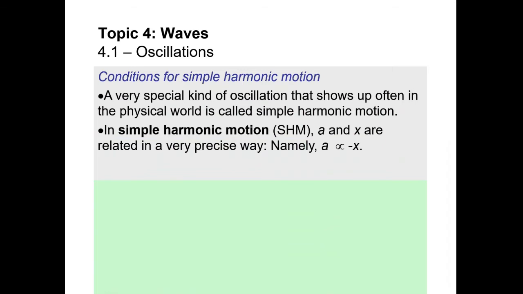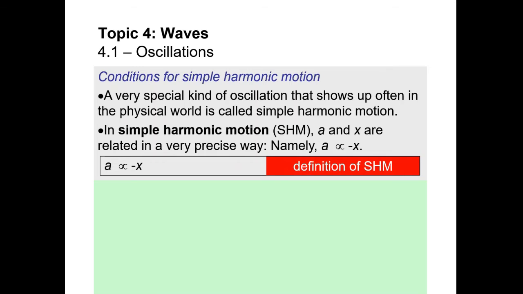So in simple harmonic motion, acceleration and displacement are related in a very precise way, namely acceleration is proportional to displacement and in the opposite direction. This is the defining equation for simple harmonic motion. If any motion behaves in this way, acceleration proportional to displacement in the opposite direction, that is definitely simple harmonic motion.